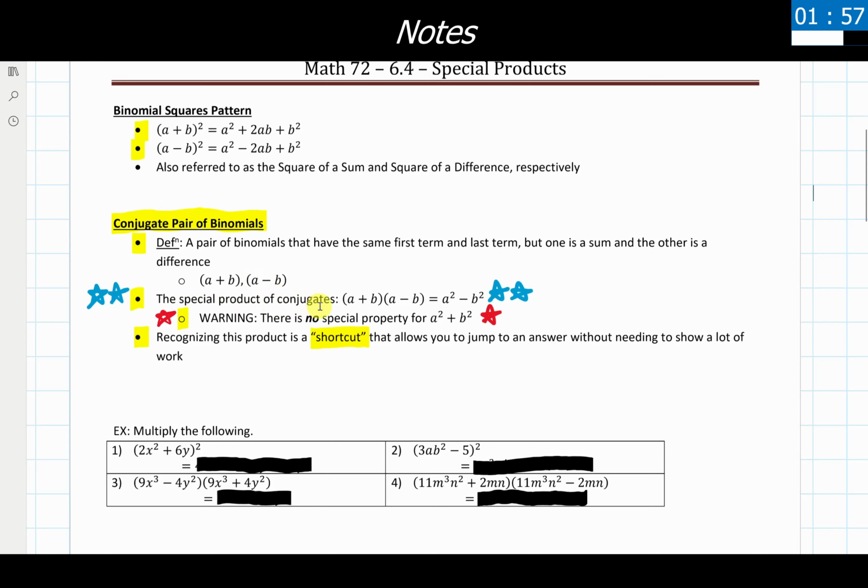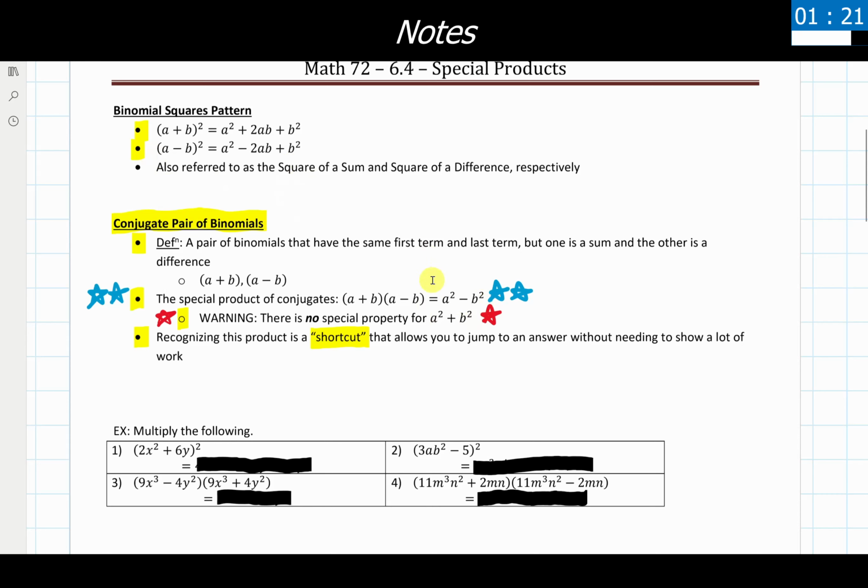Now, our special product of conjugates is if I have two conjugates multiplying together, then I'm going to have the first term squared subtracted by the second term squared. This is one of the three that we have that I really recommend that you have nailed down and you have memorized and you write down somewhere for yourself. Looking ahead to chapter 7, we are going to be working with factoring polynomials, essentially starting on this right side of our equal sign and breaking it down into these smaller parts.